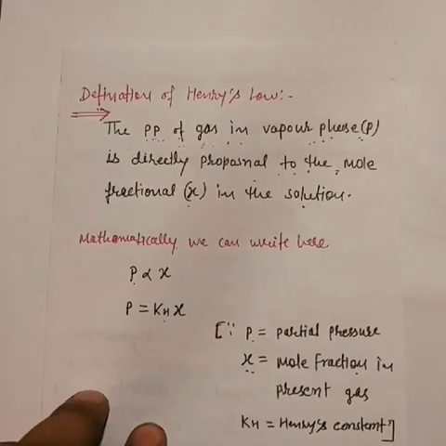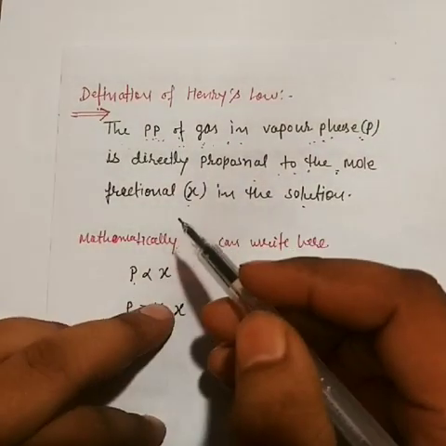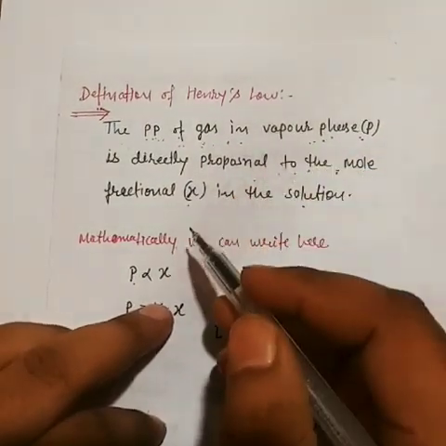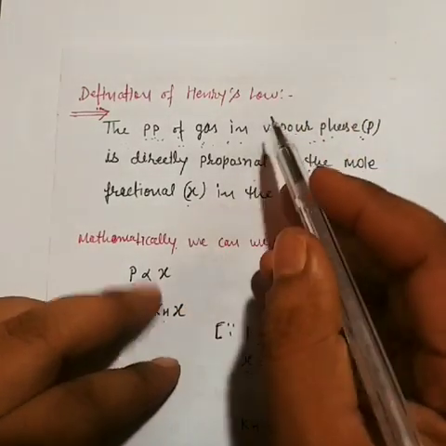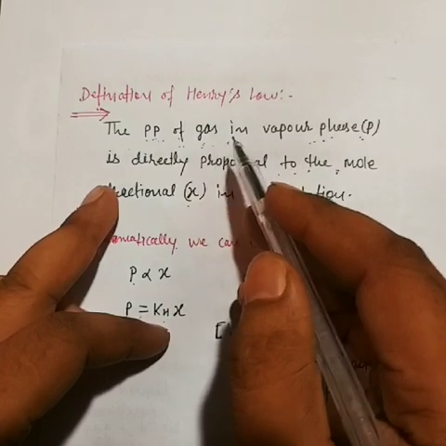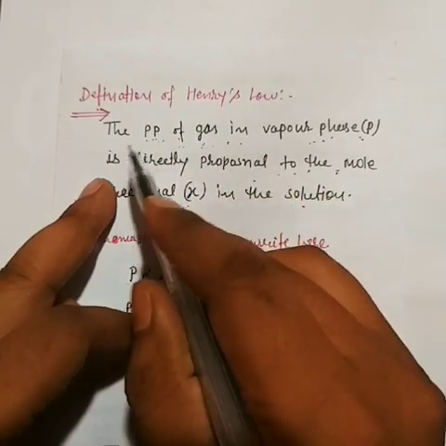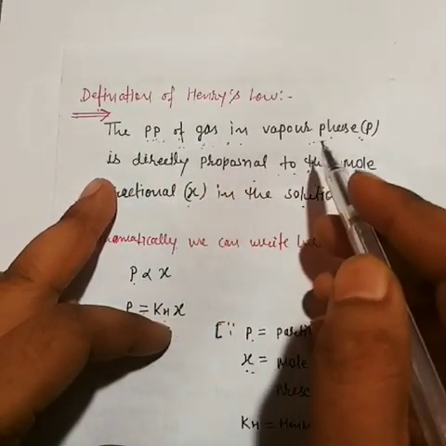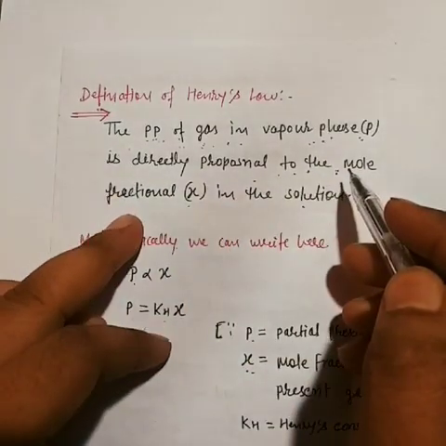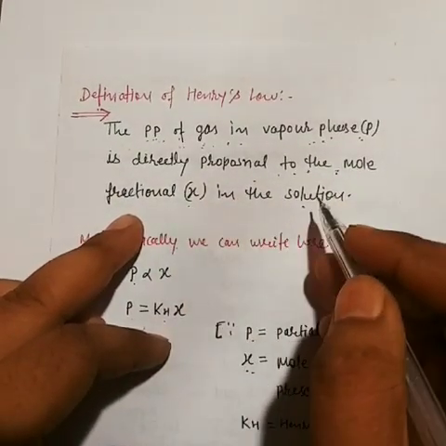So now, how to correlate Henry's law with pressure and mole fractions? Now see here, what is the definition of Henry's law? The partial pressure of gas in vapor phase is directly proportional to the mole fraction in solution.